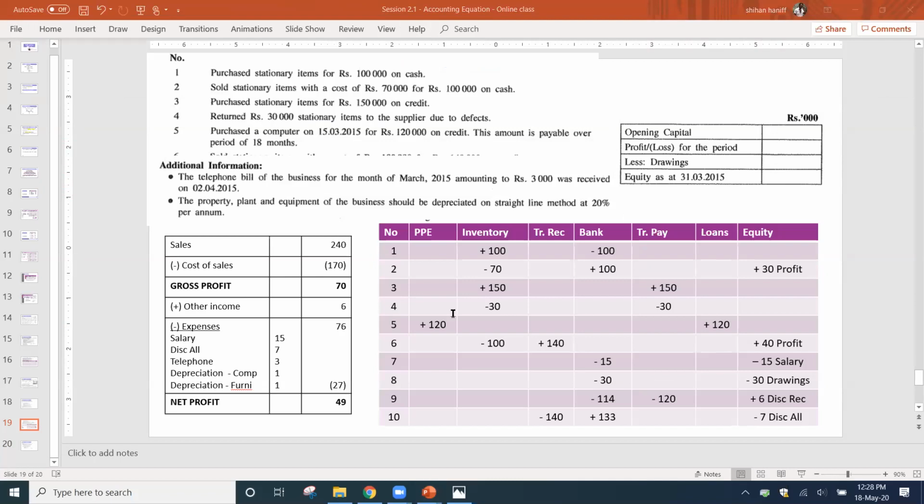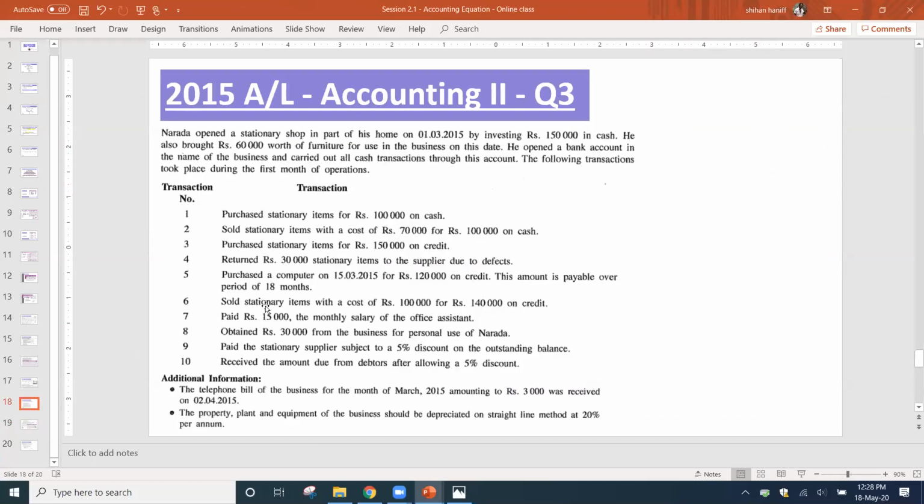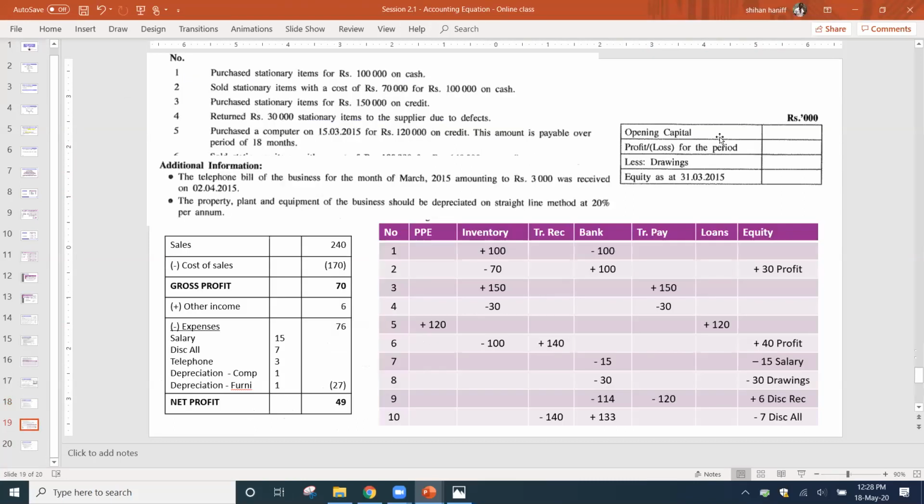So opening capital, the amount he has invested. He invested 150 plus 60.